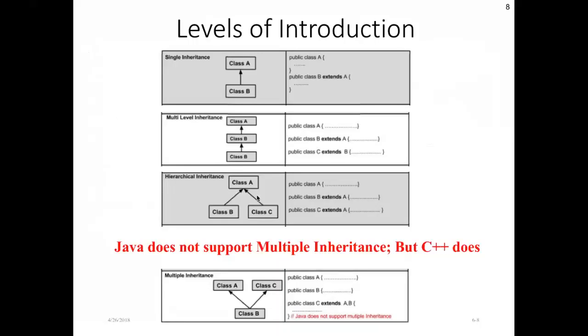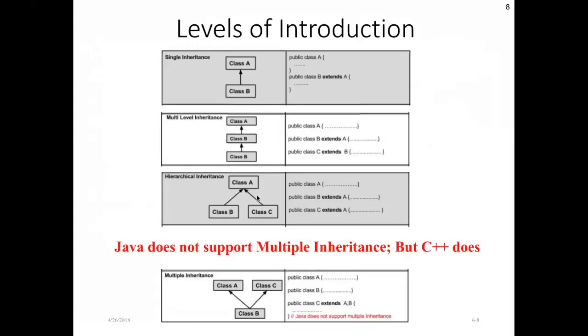It should be C. Okay, maybe there's a mistake. And if C inherits from B, then C will get those properties that are inheritable from A to B. Okay, we will see this. This is the class hierarchy.